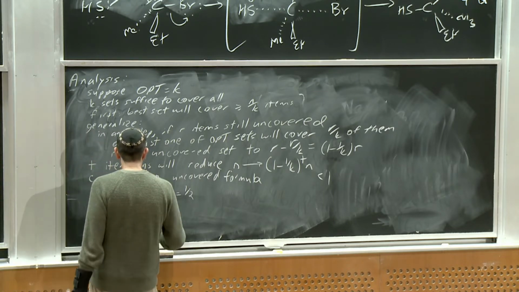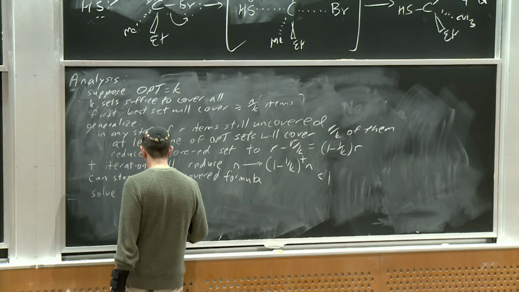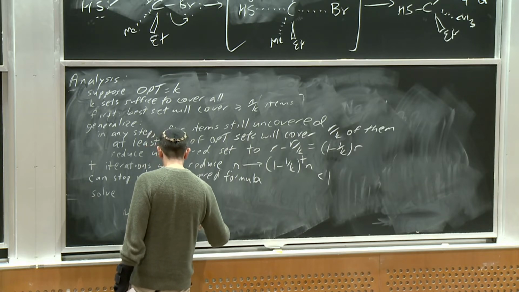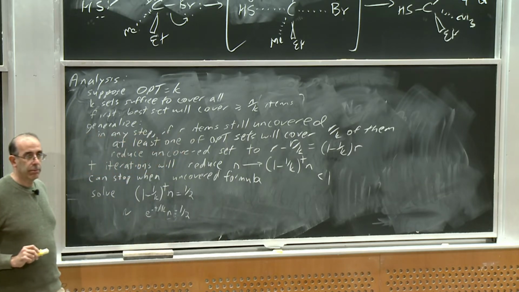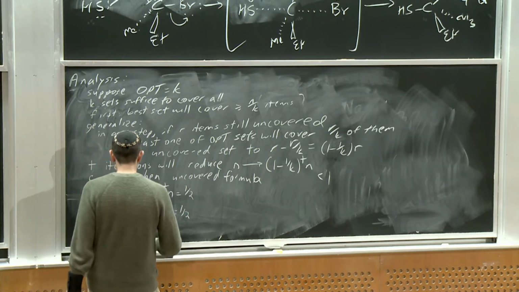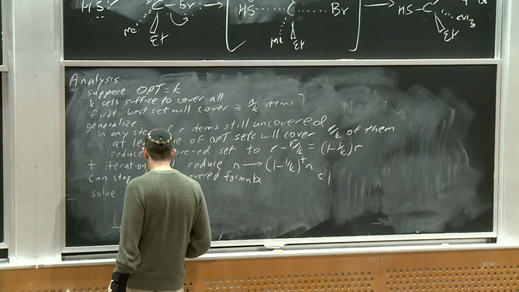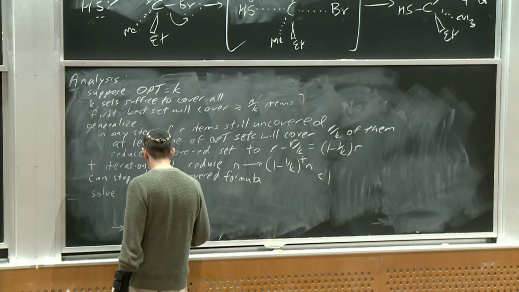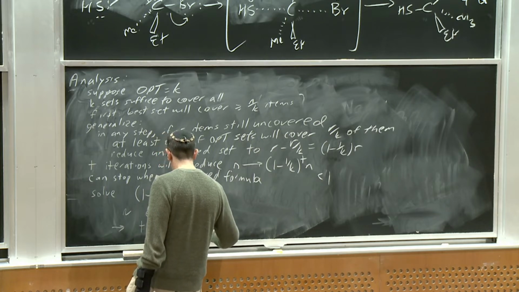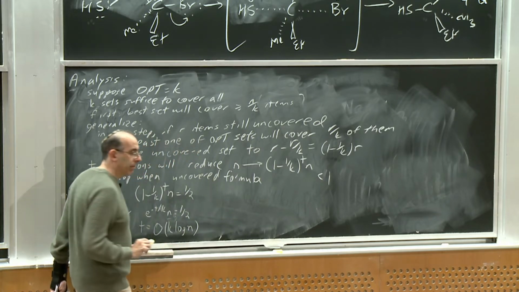Okay. And so we can approximate this formula as e to the minus t over k times n should be equal to 1/2, or 1 over e, or whatever quantity you want. And what this tells us is we can stop when t is equal to order of k times log of n.